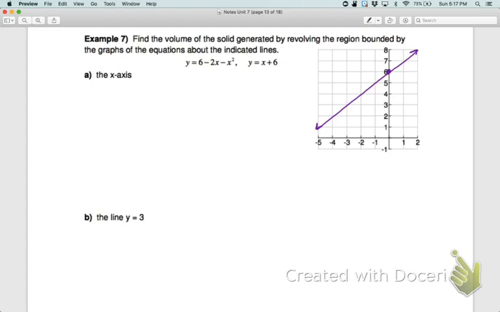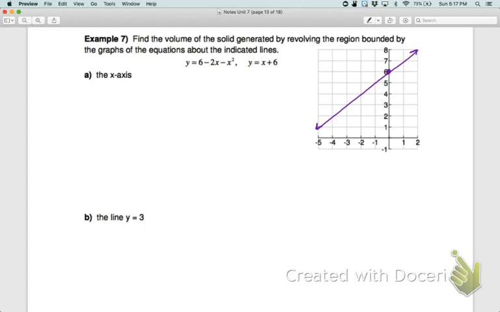Now the other one, 6 minus 2x minus x squared, you could very easily set up an xy table. What I'm going to do is use the table function in my calculator to get some points. So in my y1, I'm going to type my 6 minus 2x minus x squared. And then I'm going to go to my table. And let's see, I'm going to do -2, -1, 0, 1, and 2.